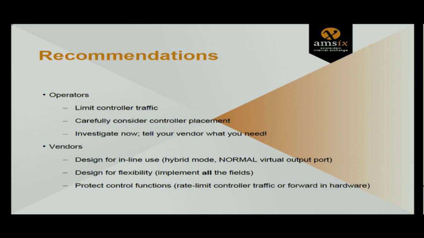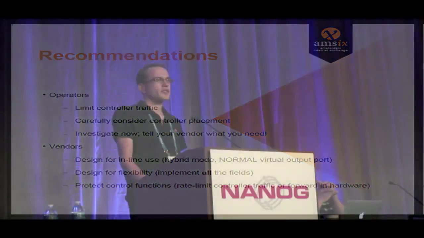Another thing we've thought of is controller placement. If you place your controller in your management network and you actually use it to forward traffic, then you suddenly get a dependency of your management network on your production network and the other way around, which is not really desirable. And if you put it in your production network, you have to be careful not to create a feedback loop situation where you would actually require a flow rule in order to reach your controller.